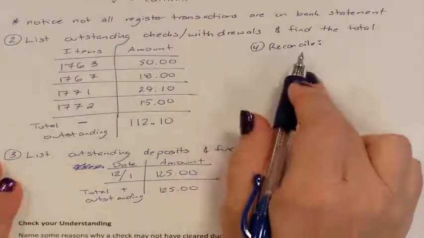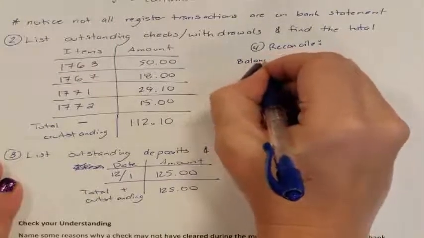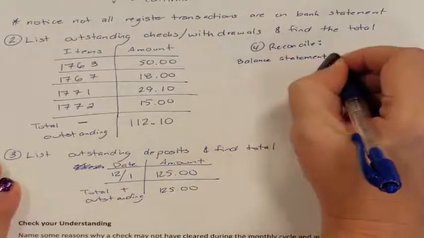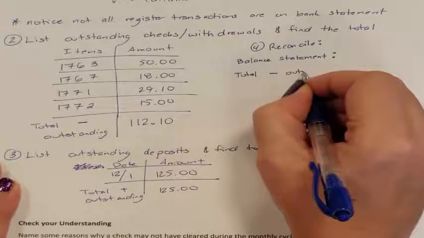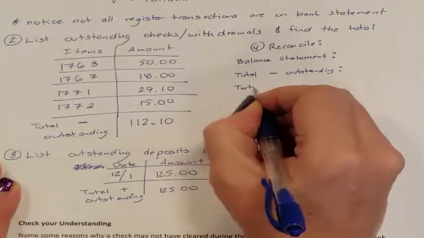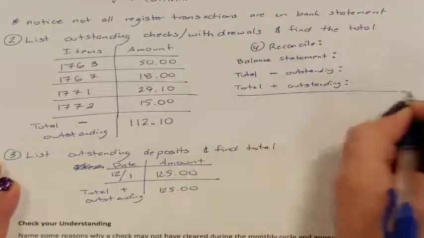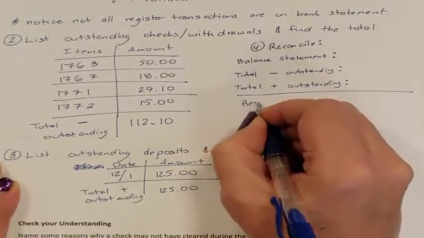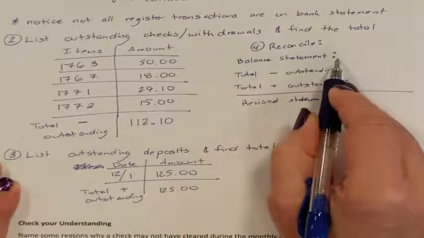So I need to reconcile my account, which means I need to figure out what my balance statement was. I need to figure out my total withdrawals outstanding, my total deposit outstanding, and this will all give me my revised statement. So how much money the bank said that I had?